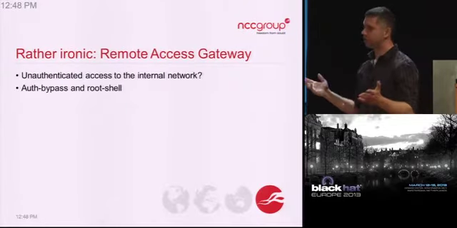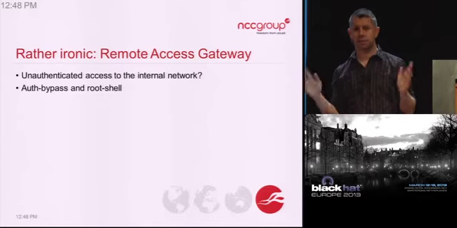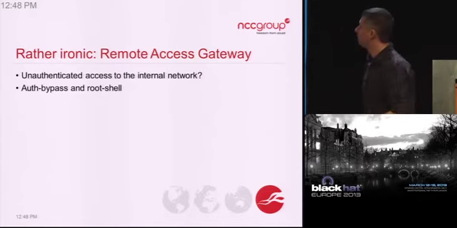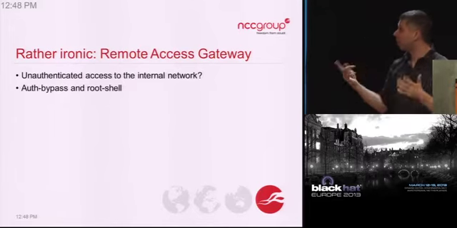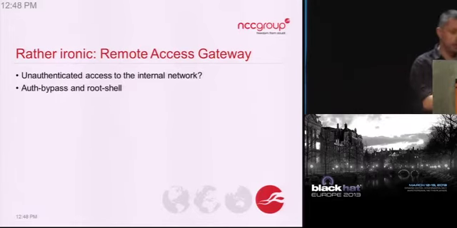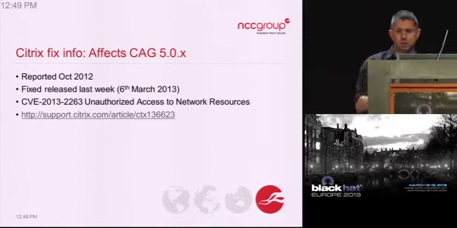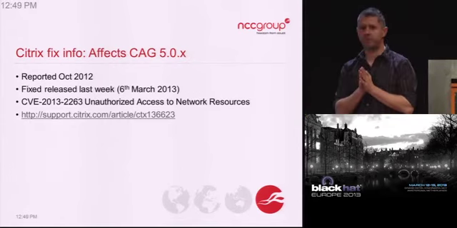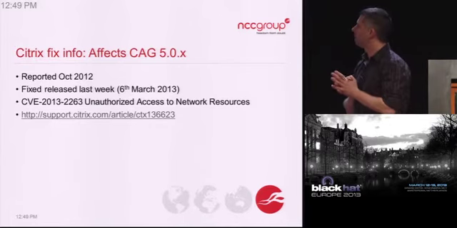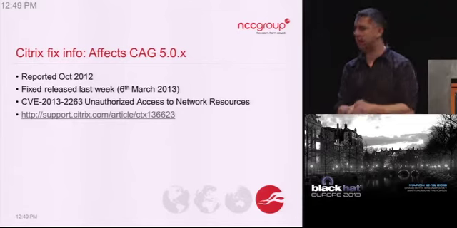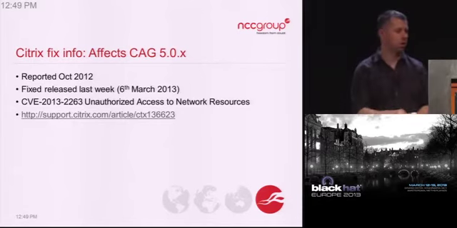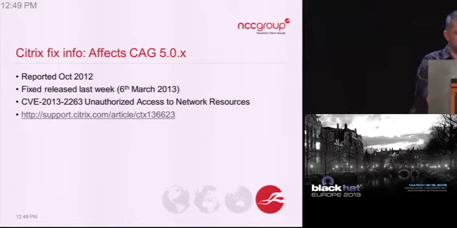We've got a secure remote access gateway that potentially can give external attackers remote access to the internal network, and an auth bypass and root shell in its web UI. This was a really recent one. This was fixed last week. There is a CVE. I don't think there's anything actually in it yet, so it's quite fresh. But there are some more details on the Citrix website.